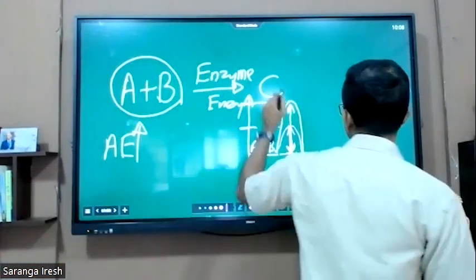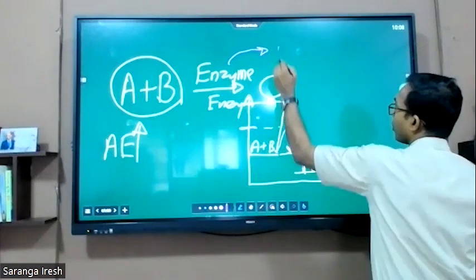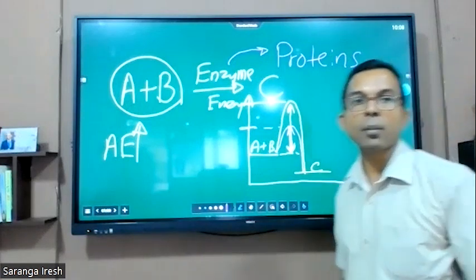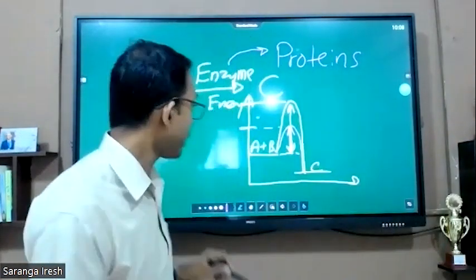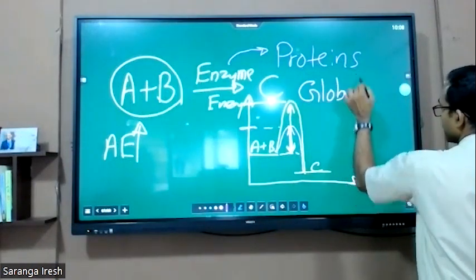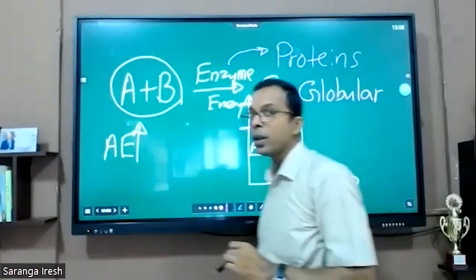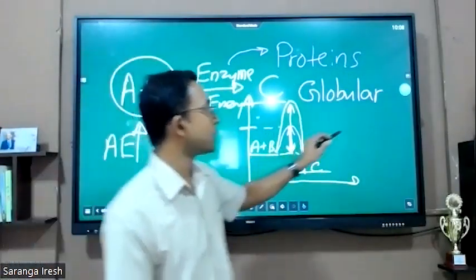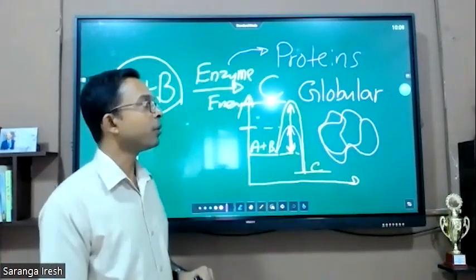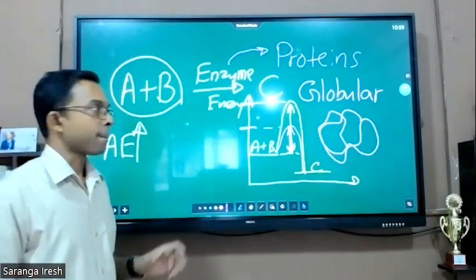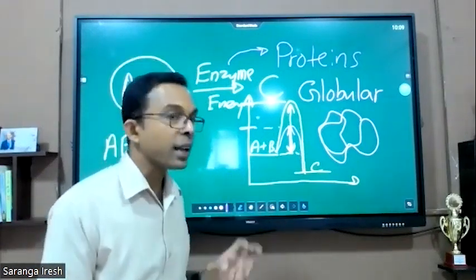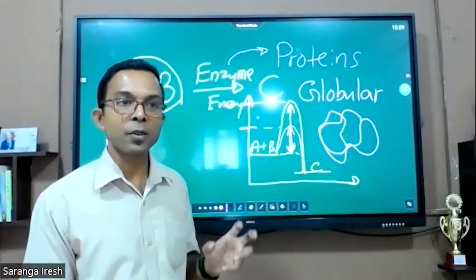Other important factors: enzymes are proteins. Enzymes are protein molecules. What proteins? They are called globular proteins. Their shape is globular, round shape. Enzymes are globular proteins which catalyze biochemical reactions by reducing the activation energy.